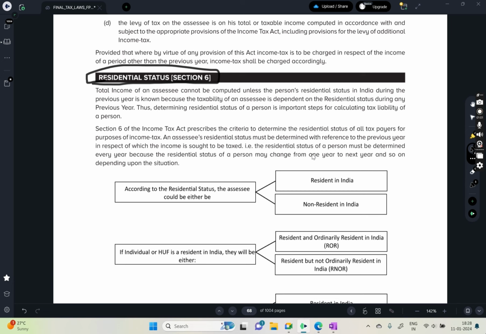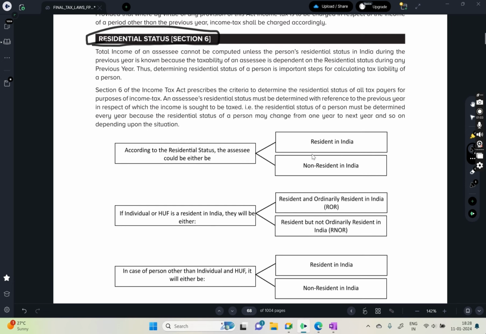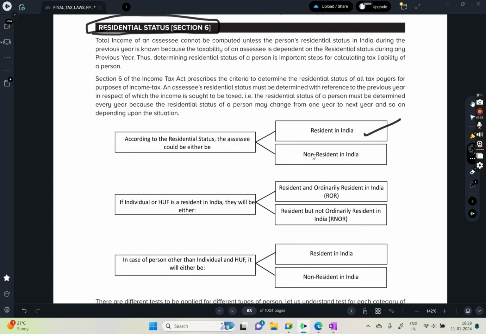Based on this section 6, we are going to determine whether that person is a resident or non-resident, or whether that person is a resident and ordinary resident, or resident but not ordinary resident.